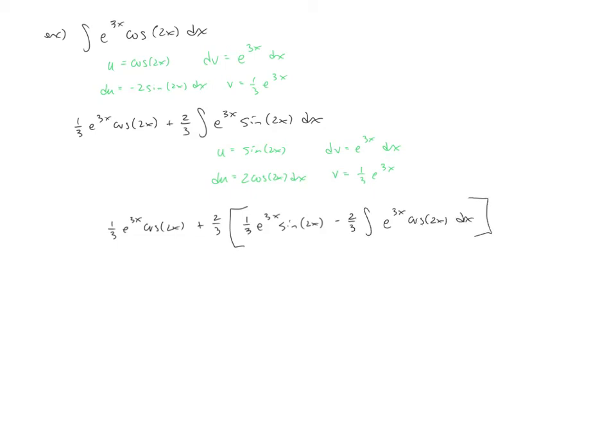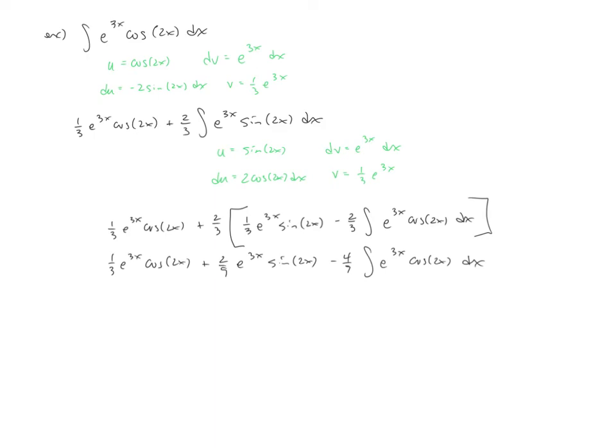All right, so now before I even think about doing anything else, let me distribute this 2/3 in there. My 1/3 e to the 3x cosine 2x is the same, and now it's going to be a plus 2/9 e to the 3x sine 2x, and then minus a 4/9 integral e to the 3x cosine 2x dx.